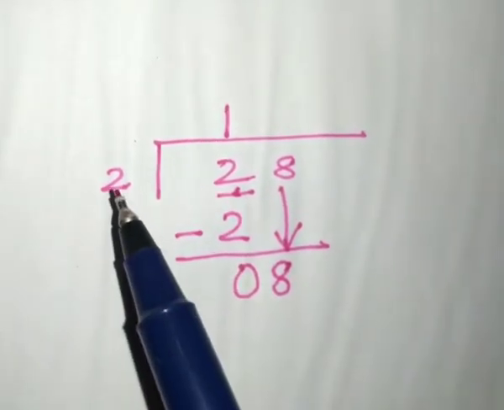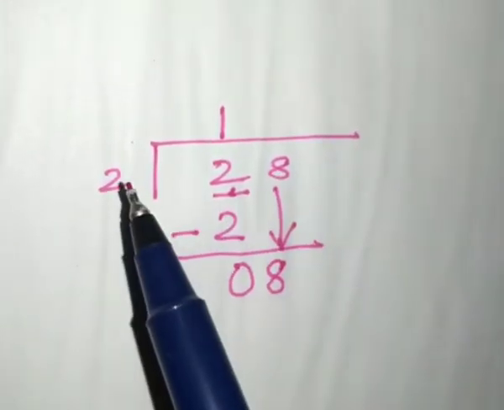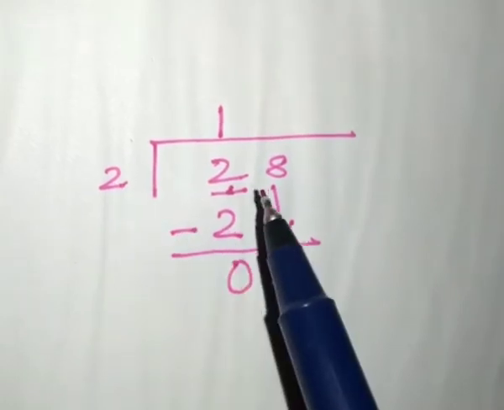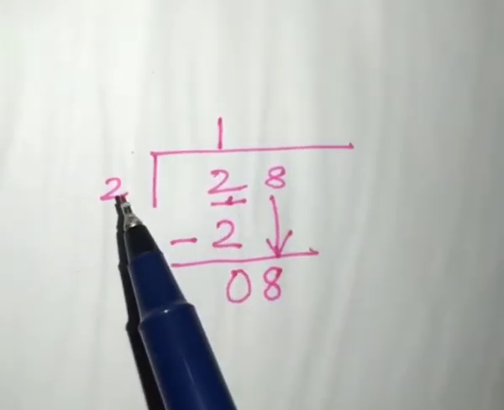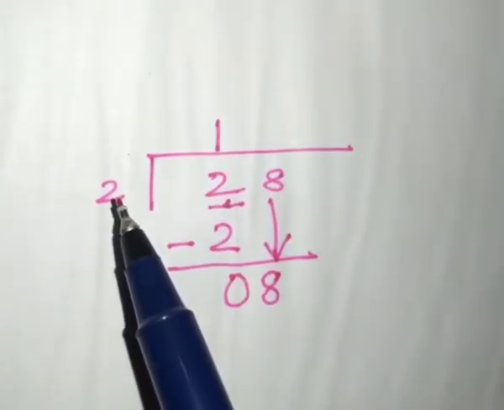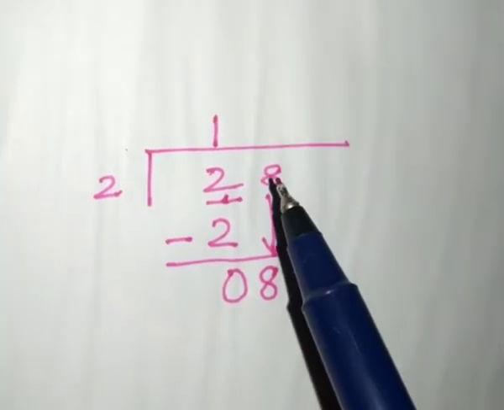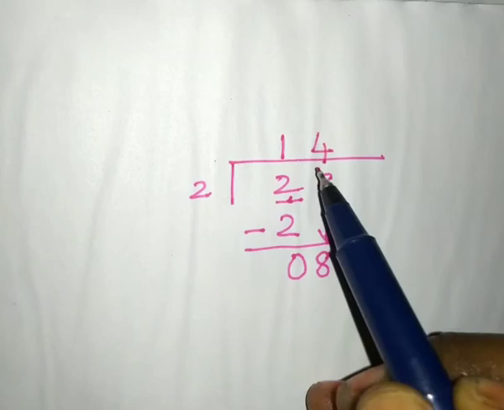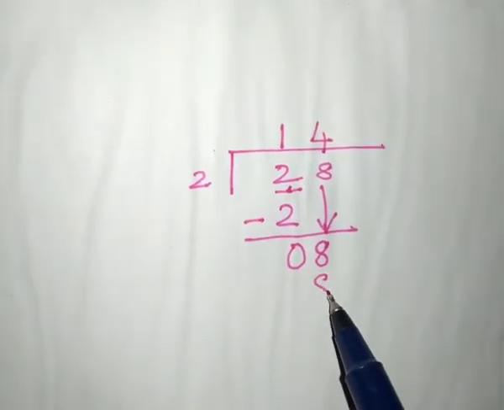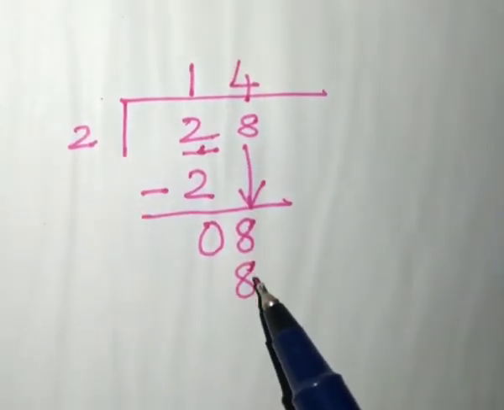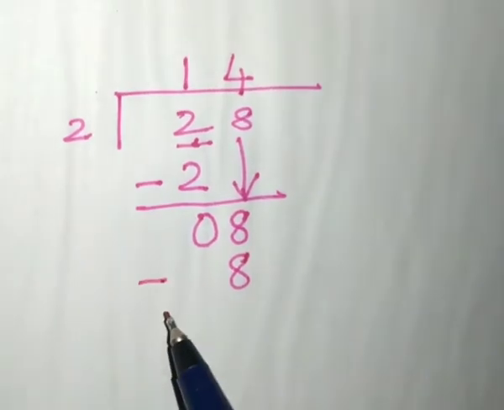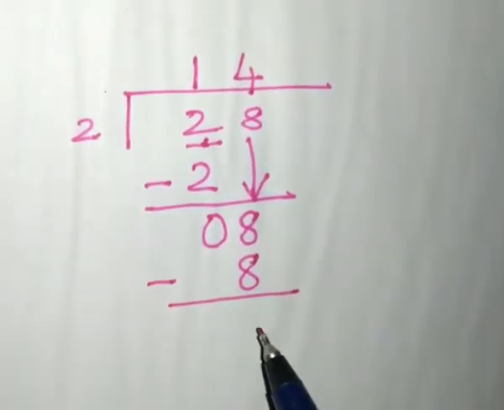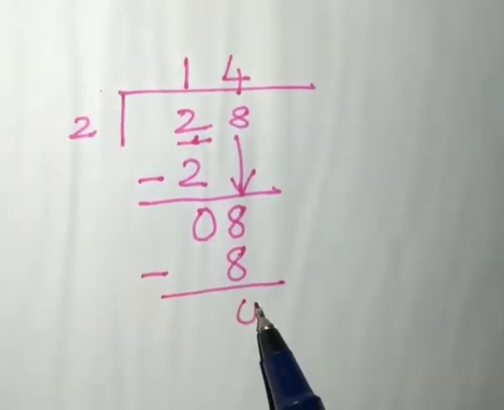Is 8 less than 2 or greater than 2? Greater than 2. So you can divide. You can use the 2 table until you get 8. 4 2s are 8. Now subtract these two values. 8 minus 8 equals 0.